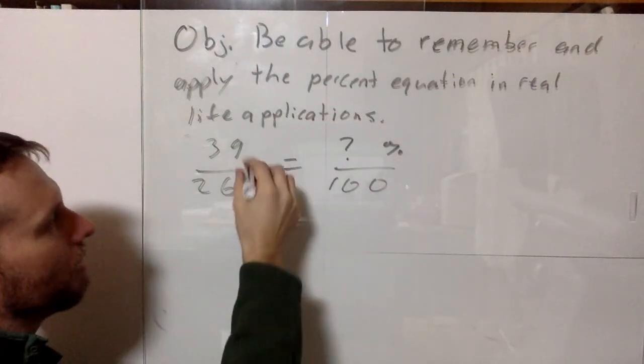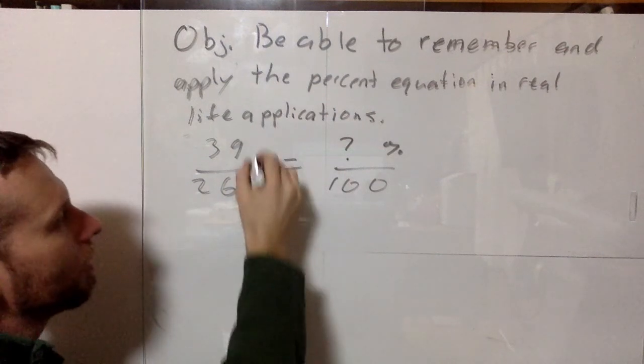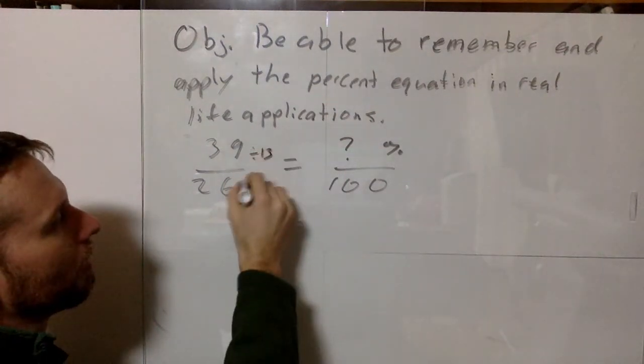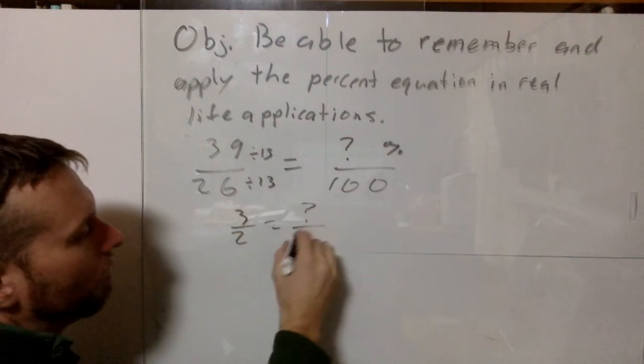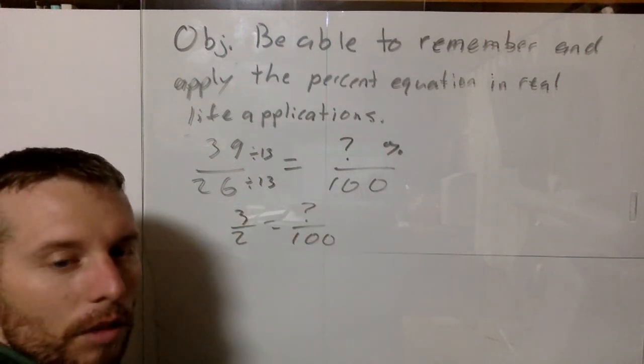We can simplify this by dividing the top and the bottom by 13, and we'll get 3 over 2 equals something over 100.